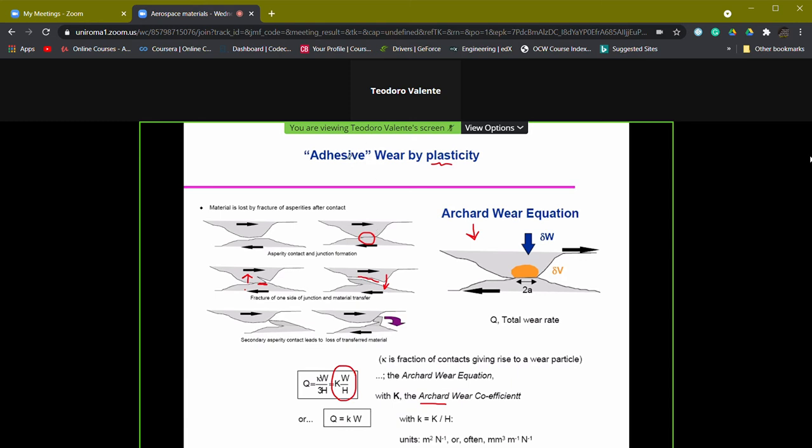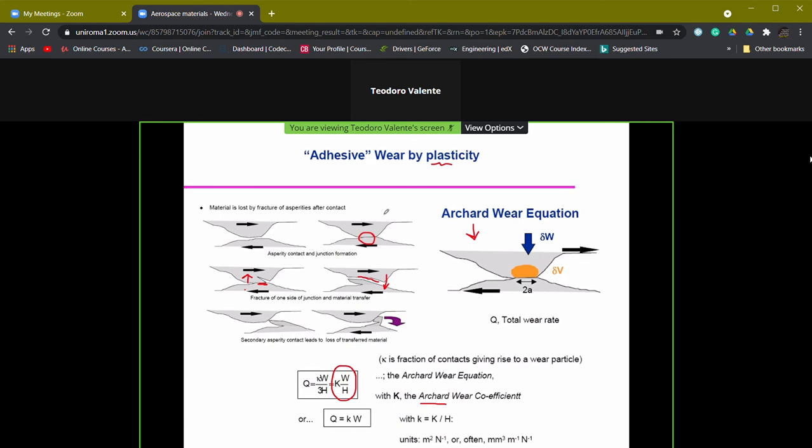So adhesive wear is a tribological phenomenon which can alter the surface in the case we do have two metallic alloys, two metallic materials which are in contact. This is one consideration, very important.